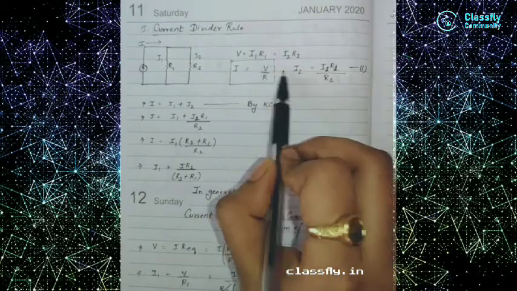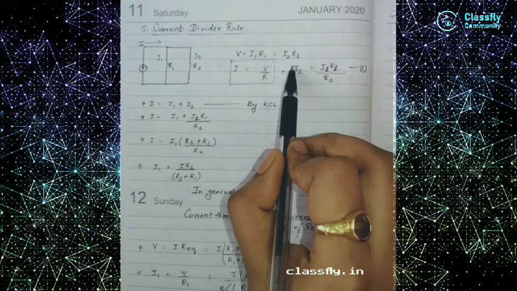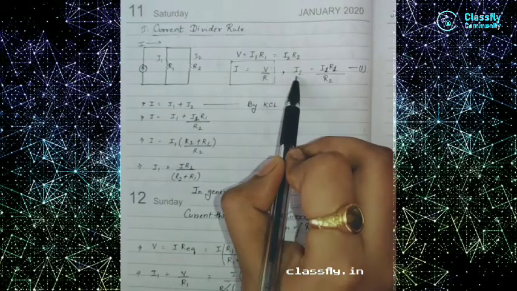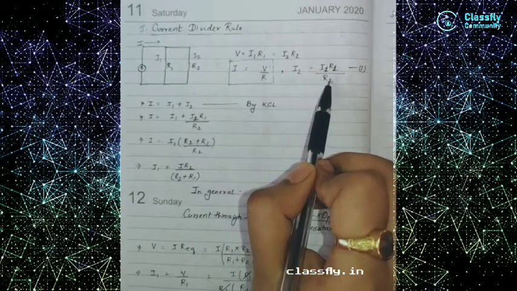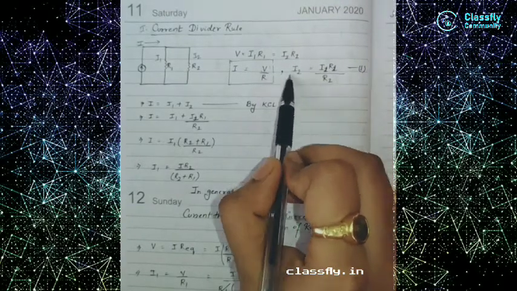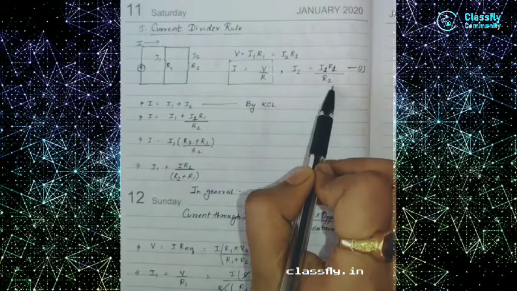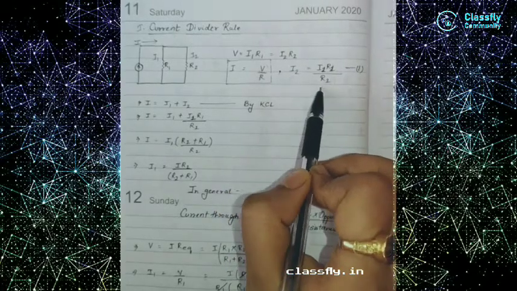So whenever we need I2 we take I1 R1, and whenever we need I1 we take I2 R2, but the resistance will be the same as that of the current's resistor. That means if it is I2, the resistance will be R2. If it is I1, the resistance will be R1.